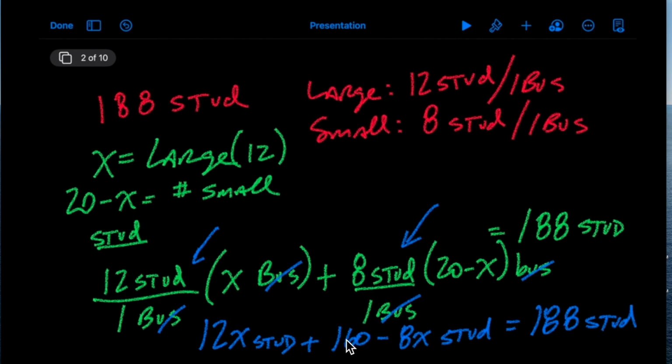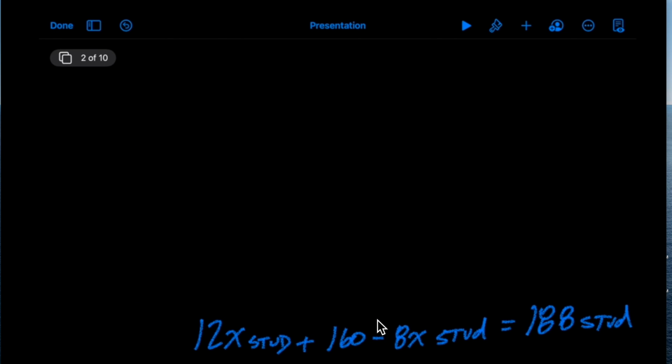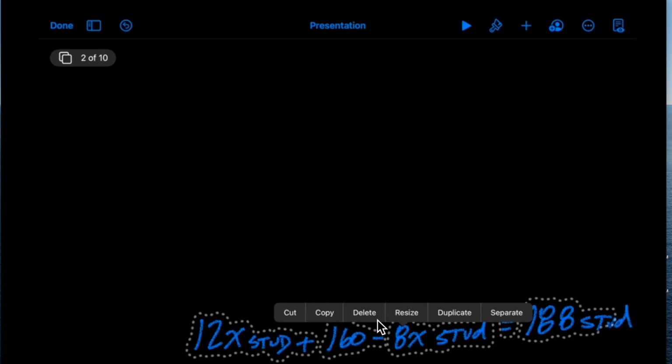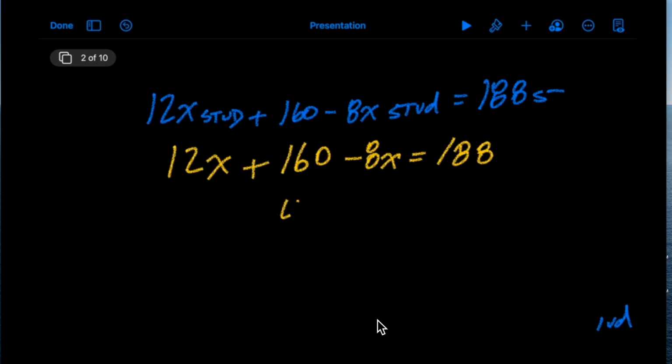Once we're sure that our units cancel out, we don't have to write them each time. This is going to simplify to 12x plus 160 minus 8x equals 188. 4x equals 28.